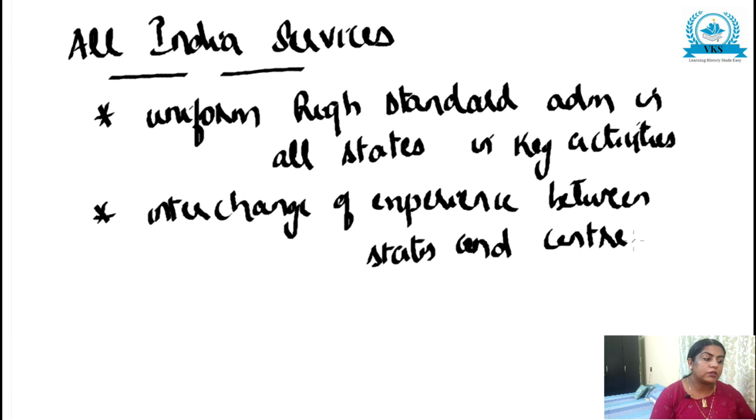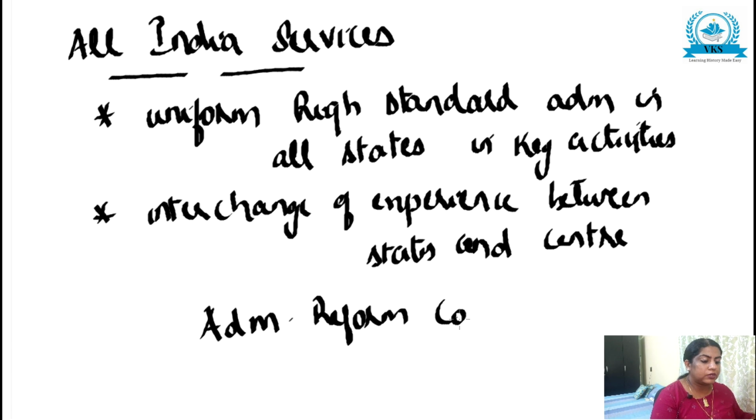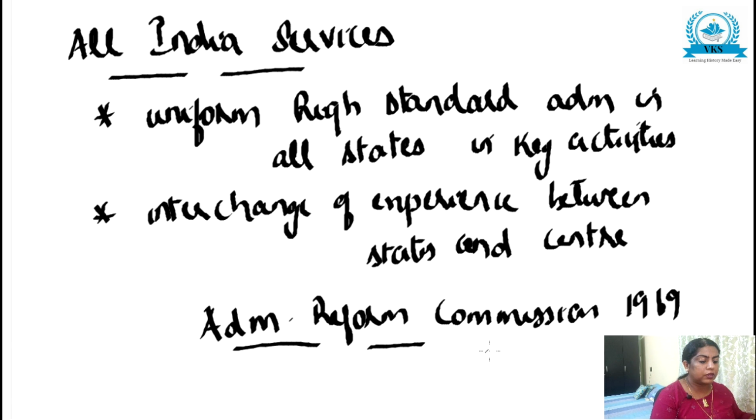One is to ensure uniformly high standard of administration in all states in key activities, and to provide for interchange of experience between states and center. This was made in the Administrative Reform Commission, 1969. Okay, that is All India services.